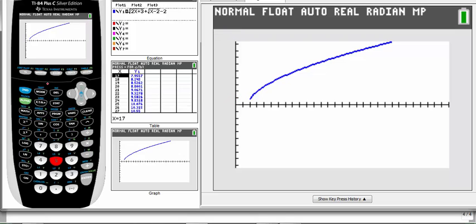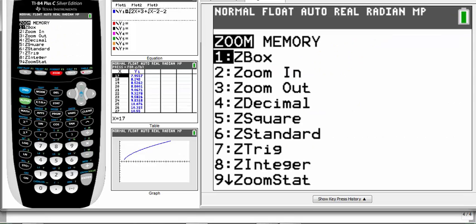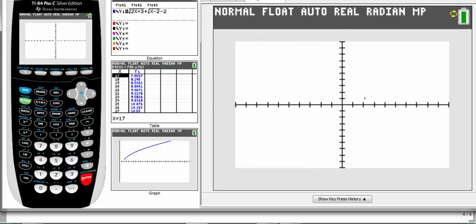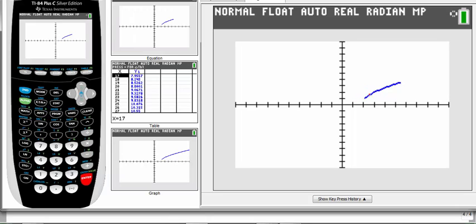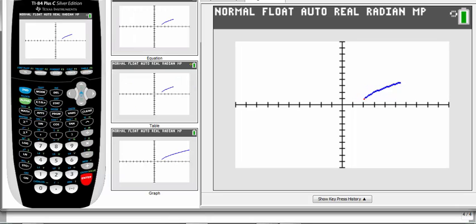So there's nothing going on over here, but if you weren't very good at trying to come up with that domain restriction, you would probably want to go back and look at zoom standard and have a look. Now it looks to me right here that this graph moves from here and keeps moving out. It could come down though, but right now it looks like there's no solution.